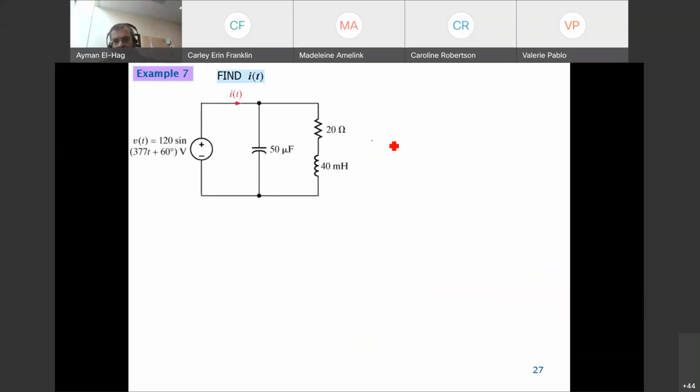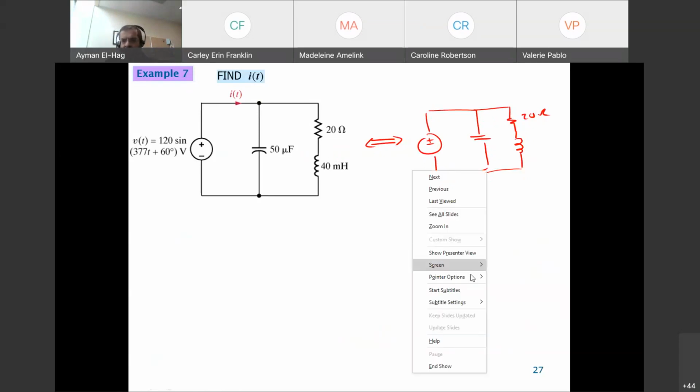The source, the capacitor, and the inductor have to be converted. The only thing that stays as it is is this 20 ohm. Once we convert everything, then we will be able to solve this question.